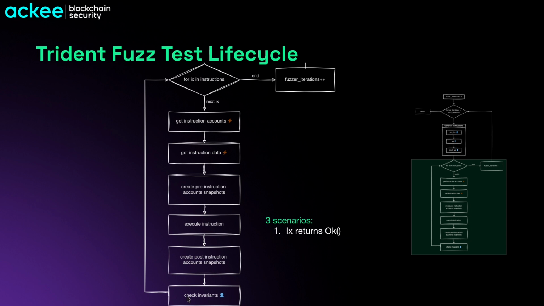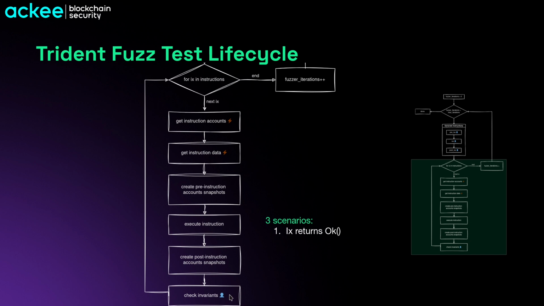Now either the checks pass and we go back and continue the loop over the instructions, or there is another situation where a check does not pass.